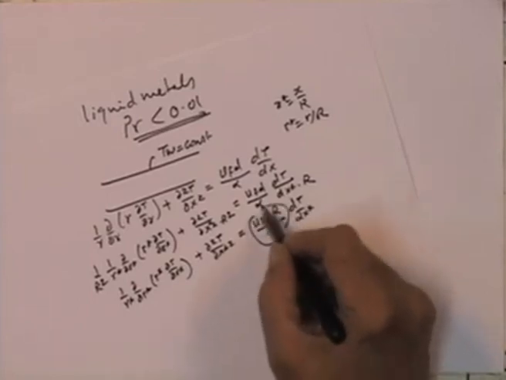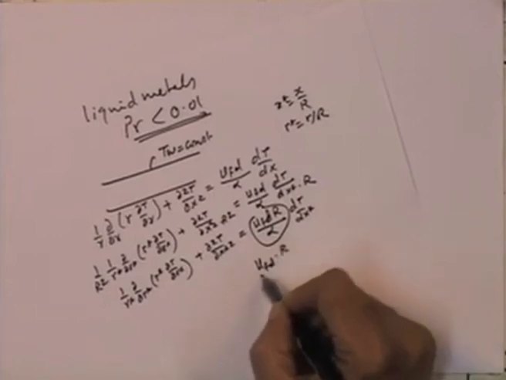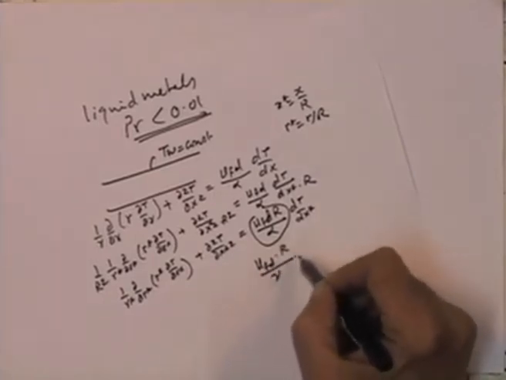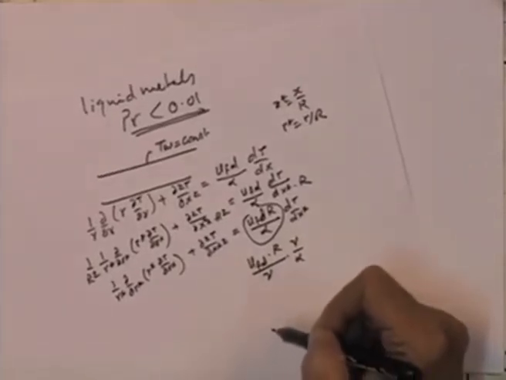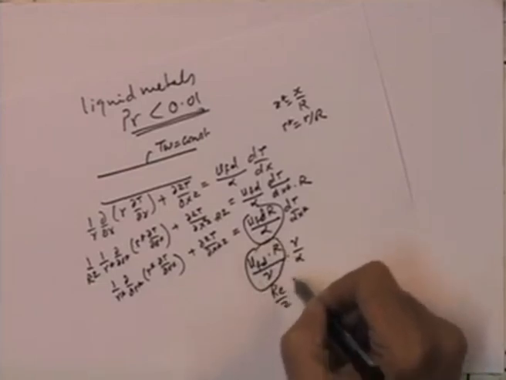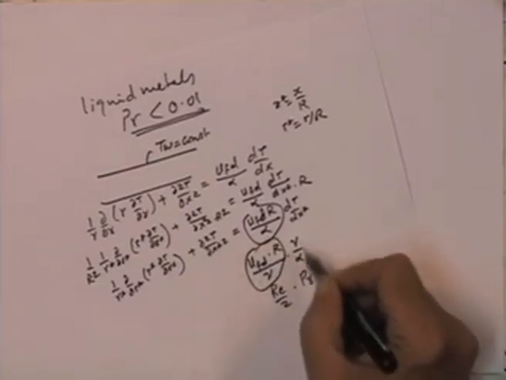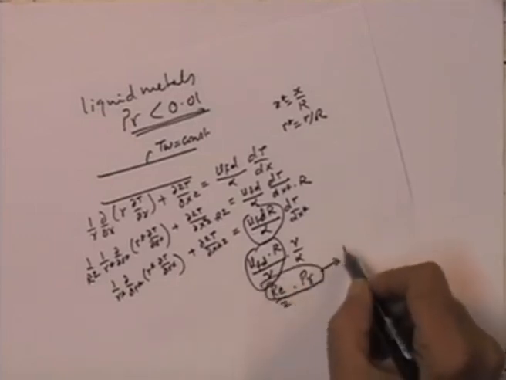And what is that? UFD into r divided by nu into nu divided by alpha. If I do that, then you will see that this is Reynolds number divided by 2 and this is Prandtl number nu divided by alpha. The product of Reynolds and Prandtl is called the Peclet number.